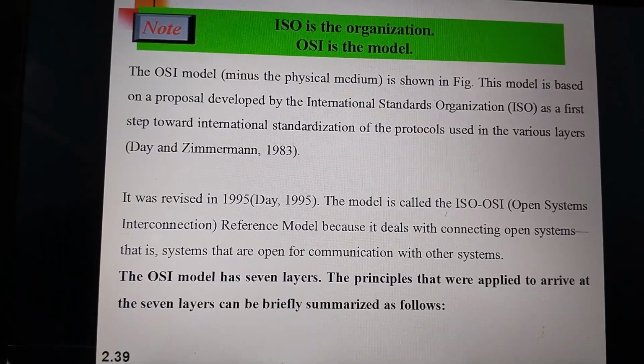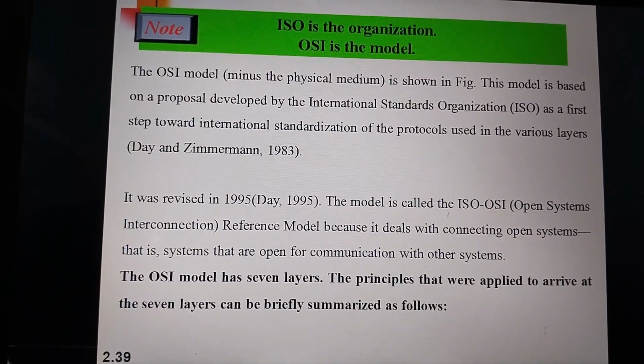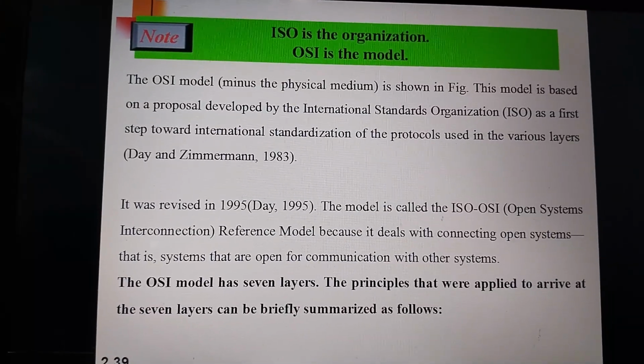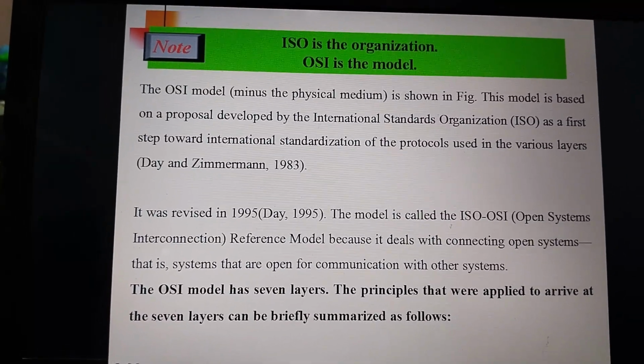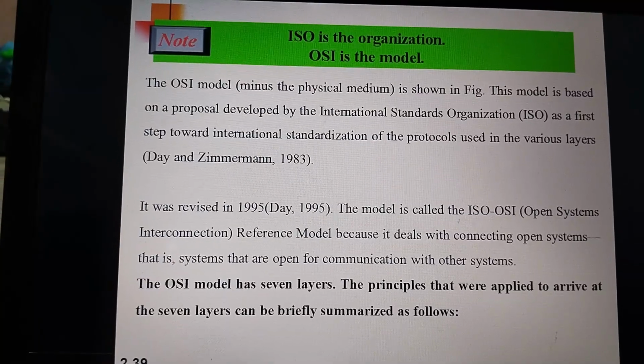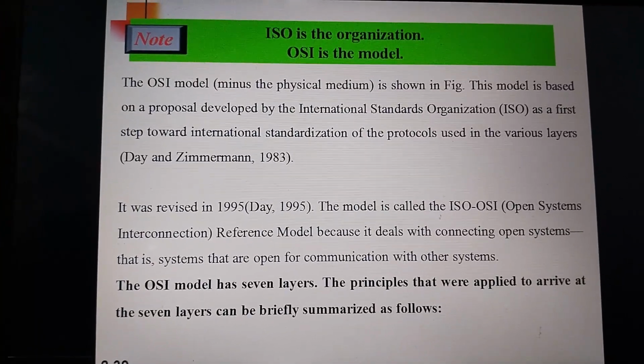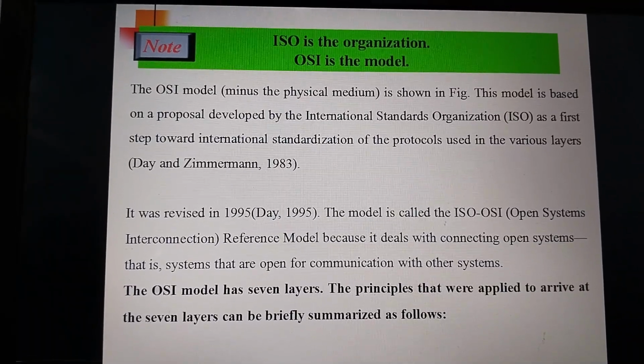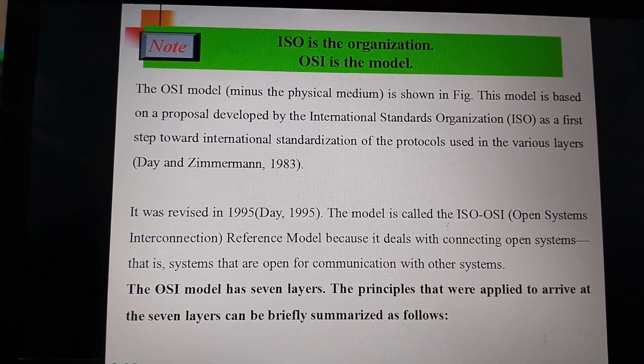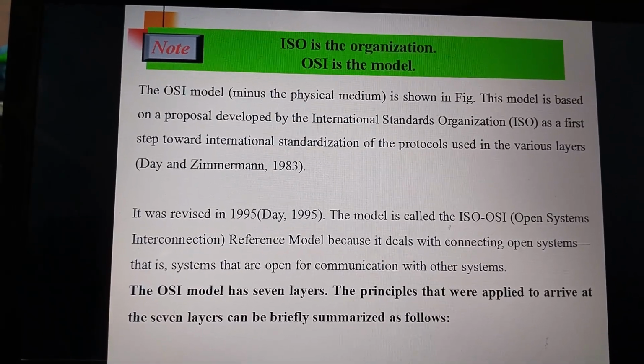The 7 layers are: the first one is the application layer, the next is the presentation layer, then the session layer, transport layer, network layer, data link layer, and physical layer.